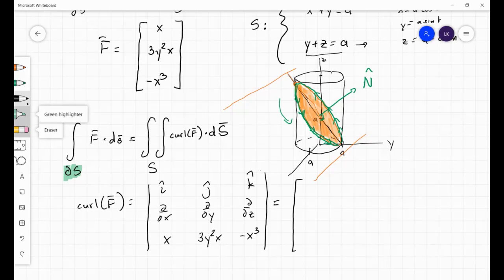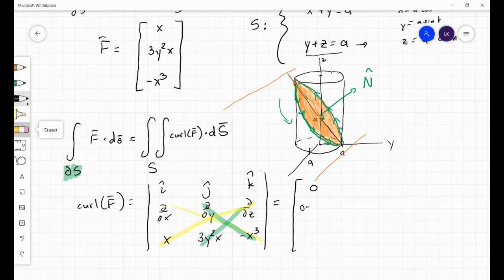All right, so differentiate x cubed with respect to y minus the derivative of this with respect to z. That's just 0. Go figure. The next component, derivative of x with respect to z, minus the derivative of minus x cubed with respect to x.